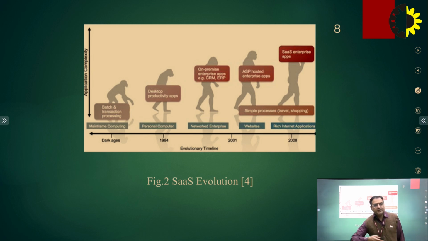That is, time to time the applications or software are upgraded, or multiple software are included, or advanced features are added in SaaS, from the dark ages to current, that is 2008 or 2024.